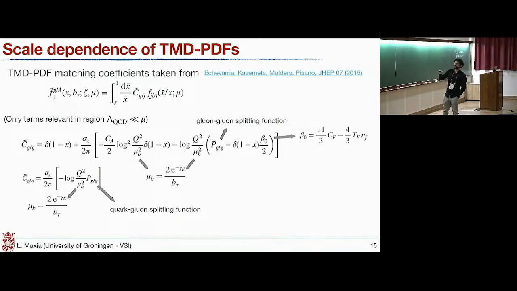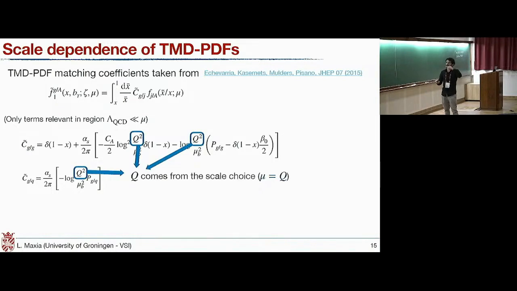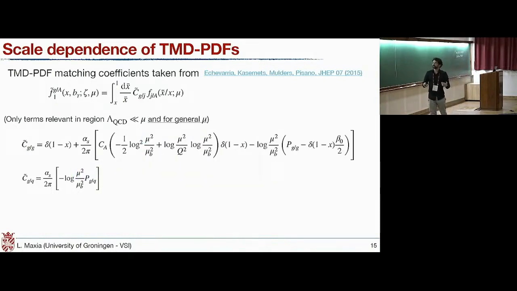And you can see that this matching coefficient has this dependence in it. So one can think, okay, it's the same kind of stuff. Not really, because here I have done evolution up to this scale. If I take the scale to be general, again, most of this Q dependence completely disappears, but there is still one.